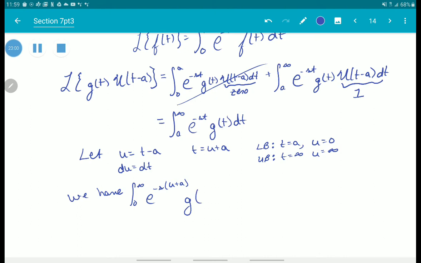We're replacing this t also. So we have the same thing here and here, which means this guy is going to be the Laplace of g of u plus a.